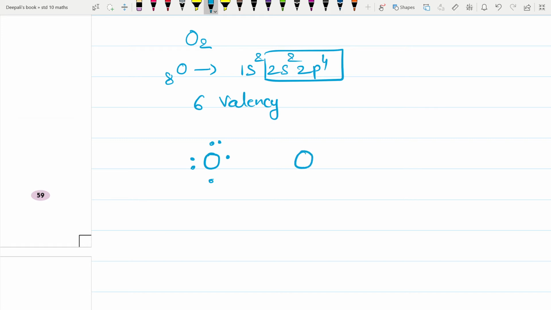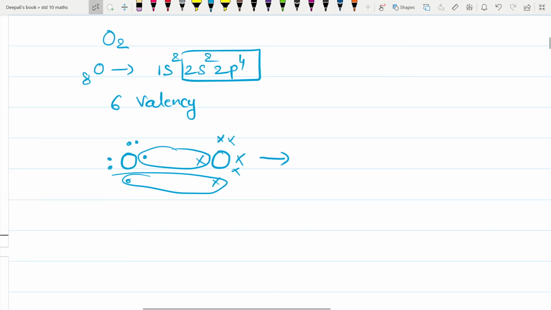Another oxygen atom, I take 1, 2, 3, 4, 5, 6. Now this orientation for bonding is not appropriate, and so the atom will rearrange itself in such a way that the bonding becomes easy.